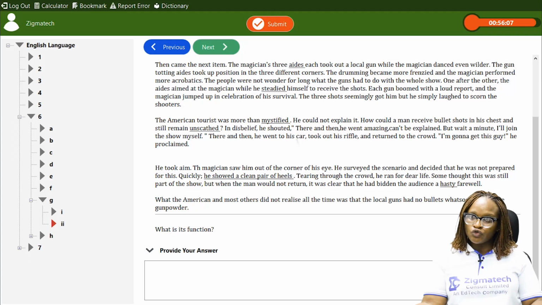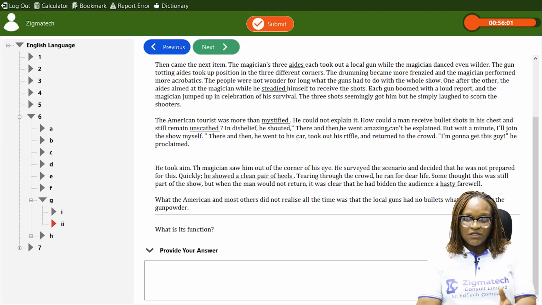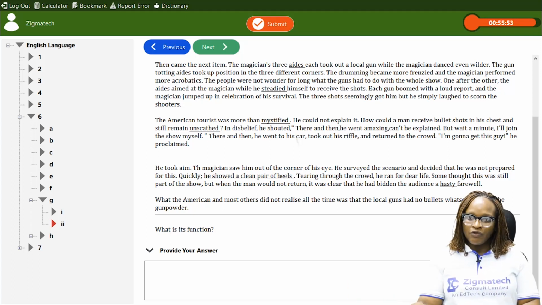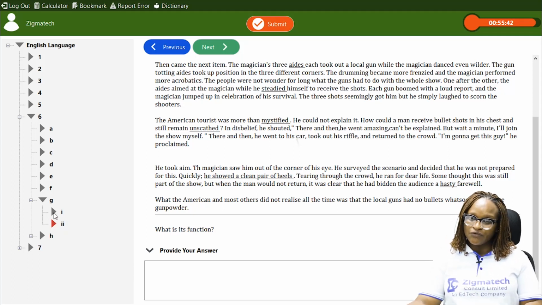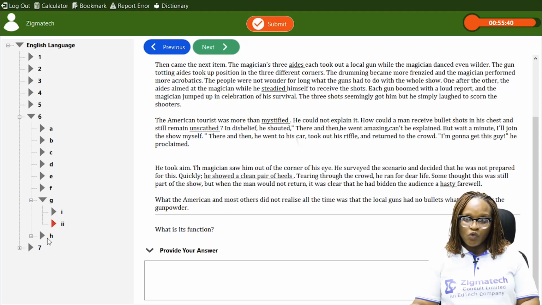Reason for you to go through the sentence properly, because if it's adjectival clause or phrase, you obviously see the noun word or pronoun word that the subordinate part of the sentence would describe or modify. So you can never have grammatical name without the function. As a matter of fact, they carry 2 marks for grammatical name, then the function 1 mark. So you can't afford to lose 3 marks.